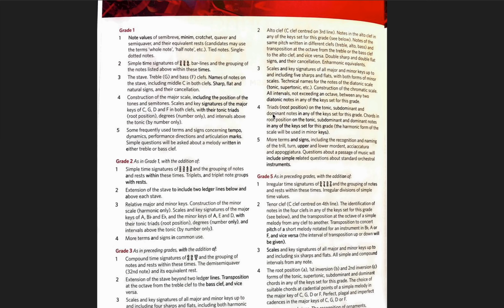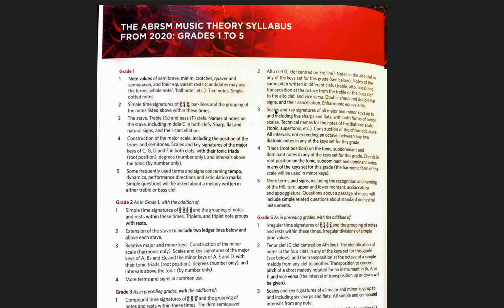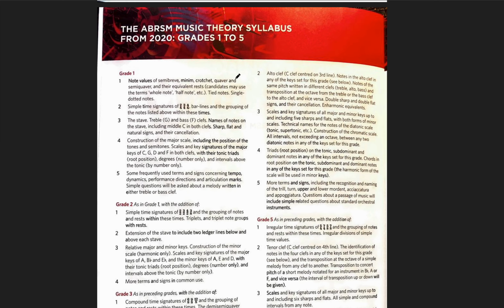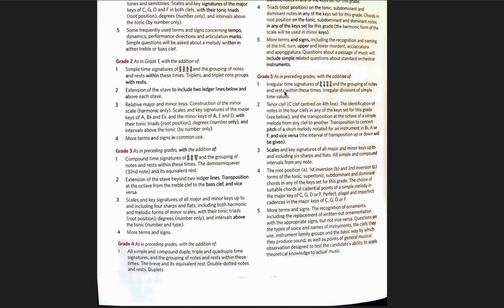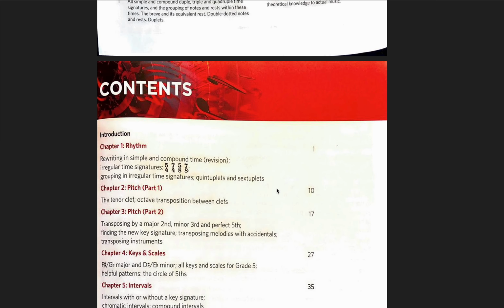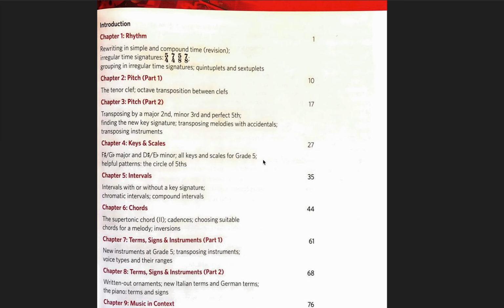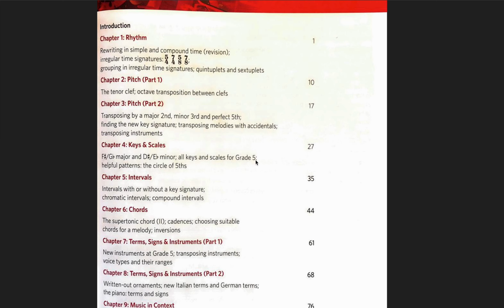So as we go here, we can see the whole ABRSM syllabus from grade 1 to 5. If we look at our grade 5 one, it shows irregular time signatures, tenor clef, scales, root position chords, and more terms and signs. And in our contents, this is what our contents are.